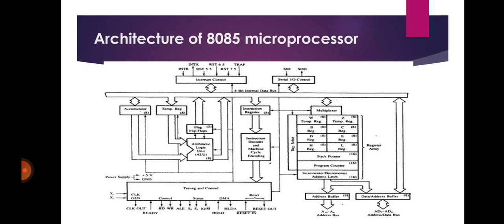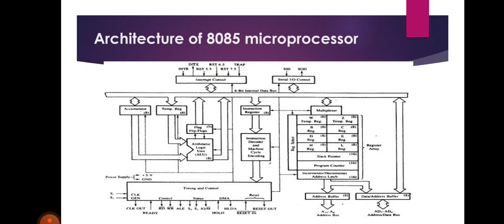Then there is the timing and control unit, where it generates the timing and control signals, which are used to communicate between the IO peripherals, IO devices and memory. It also controls the data flow between the CPU and the peripherals.